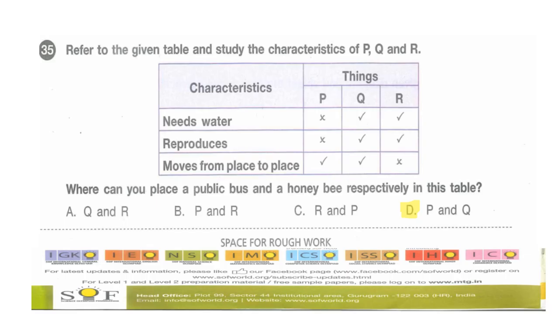So we can make public bus and honeybee P and Q, because if you see the table, under the characteristic of moving from place to place, both P and Q have been given a tick mark, which says that they have the characteristic to move from one place to another. So we can keep public bus and honeybee as P and Q. Answer is D, which says P and Q.